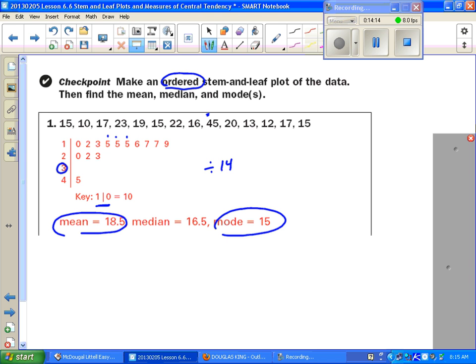And the median, when they're all in order, just count to 7 since there's 14 of them. 1, 2, 3, 4, 5, 6, 7. And there's 7 the other way. So your median is the number between 7 and 8. If you need to write it out, find a number between 16 and 17 is what I meant. 16.5 is directly between 16 and 17.